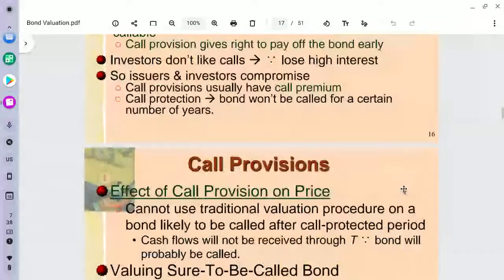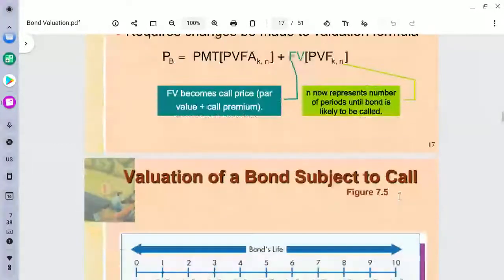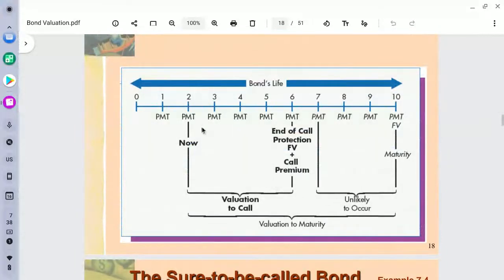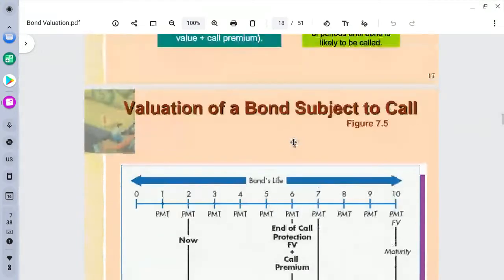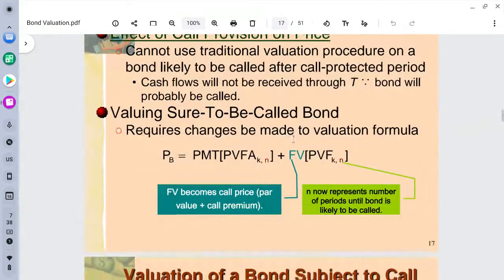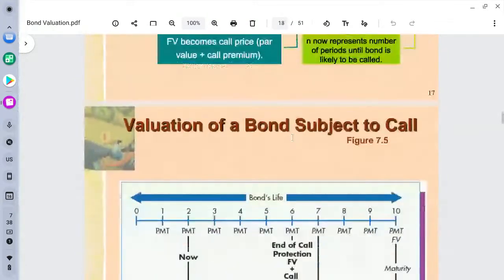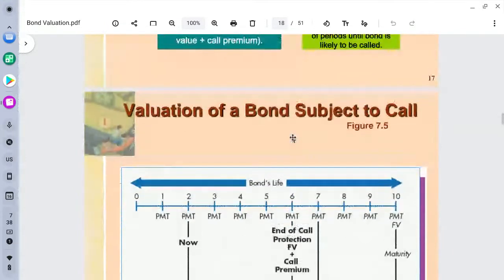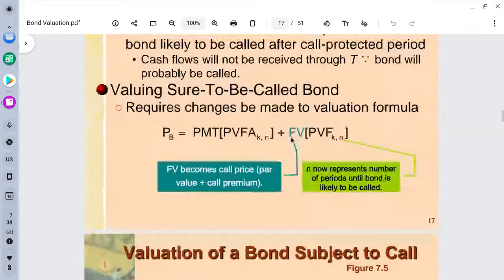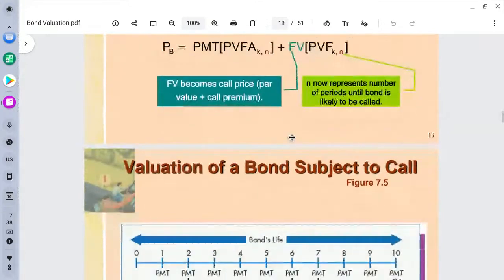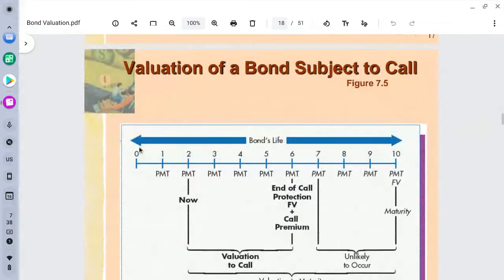And if you are valuing a callable bond, you only need to remember two things. First, if it is sure to be called, valuing a sure-to-be-called bond, think about it.